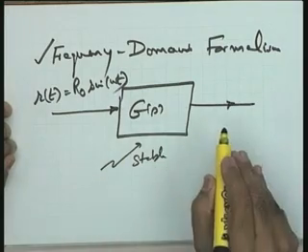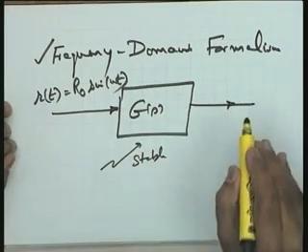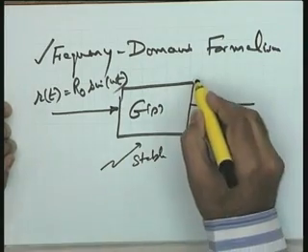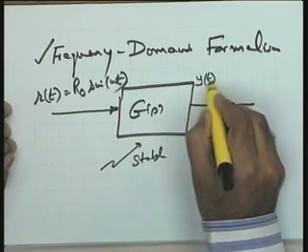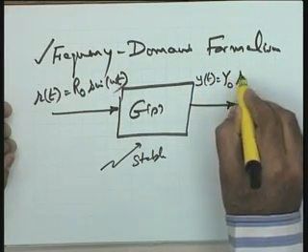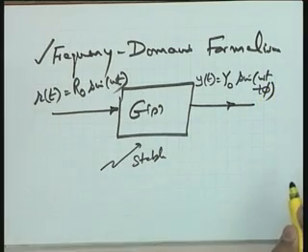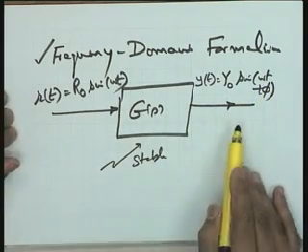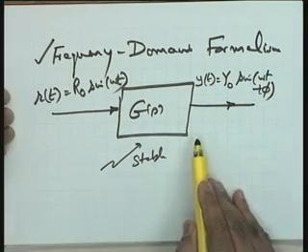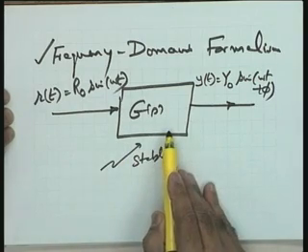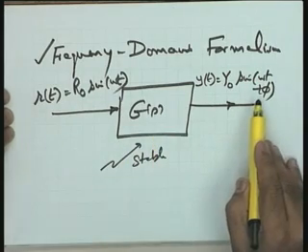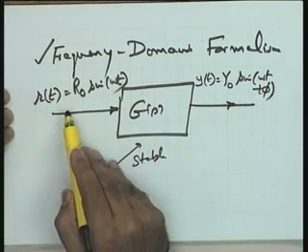So if I concentrate only on the steady state component of the response, I say that y(t) will look like Y naught sine(omega t plus phi). This will be the nature of y(t). So it means the steady state response of a linear system described by the transfer function G(s) is also sinusoidal for a sinusoidal input.